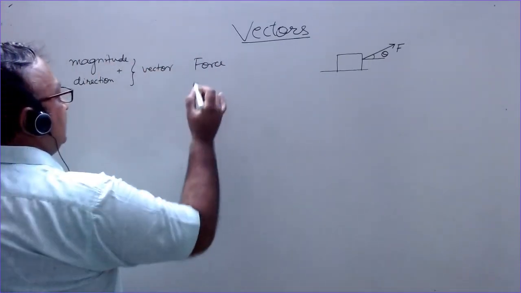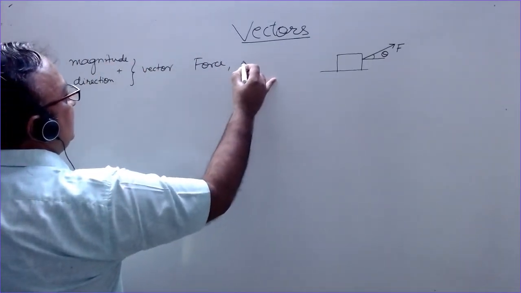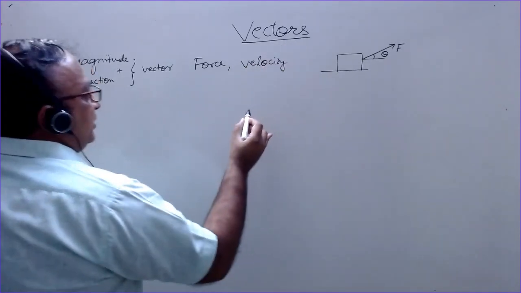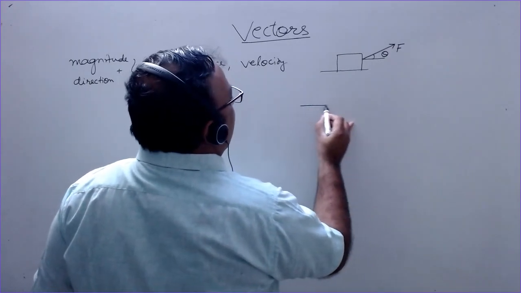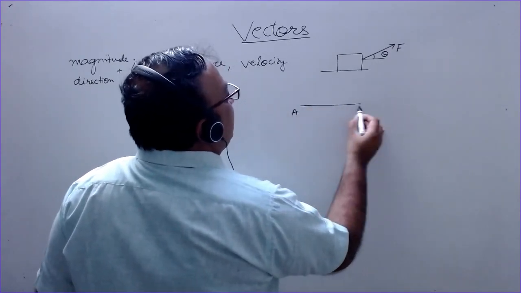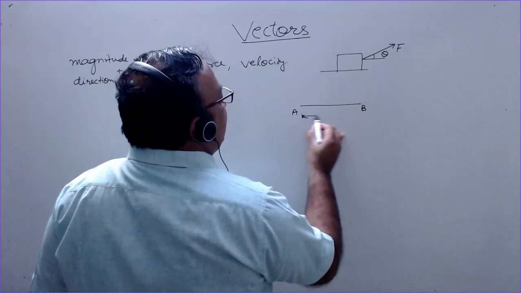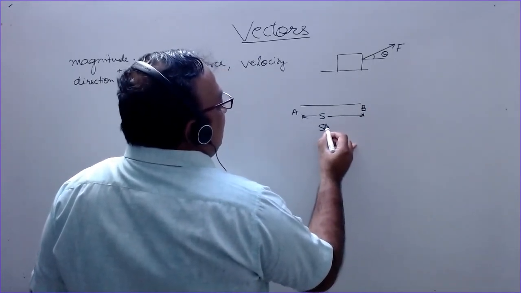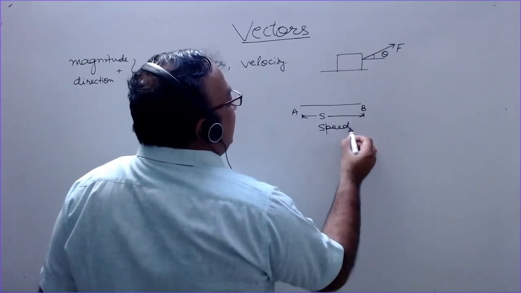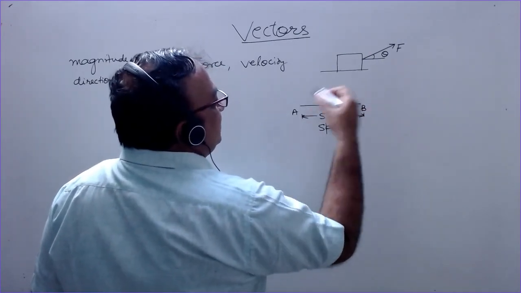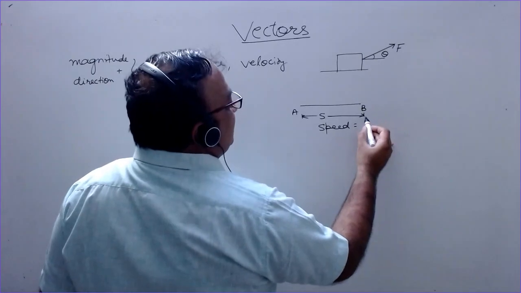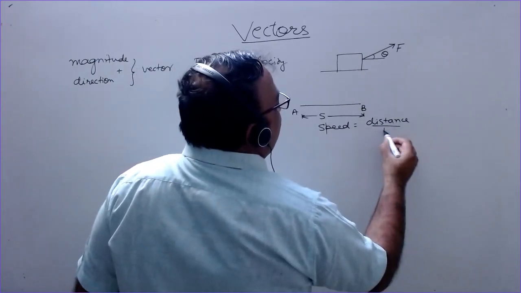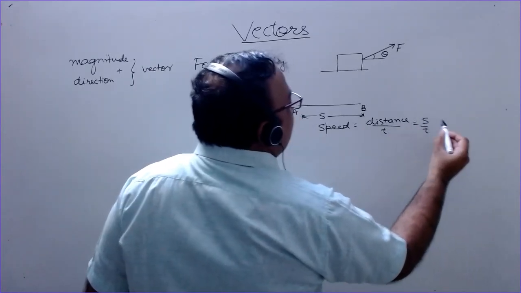Similarly, we have the velocity. What is velocity? If you move from this point to this point, A to B, you have traveled a distance s in a time t. So I can say that the speed of the body which is moving, or the person, from A to B, is distance traveled divided by time, so s by t.